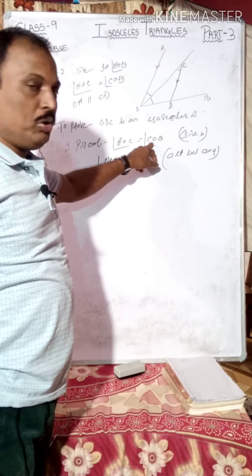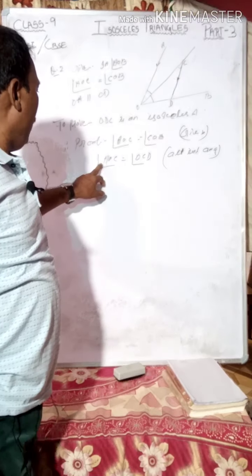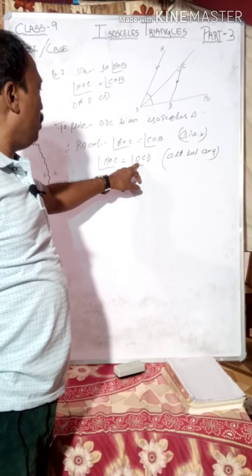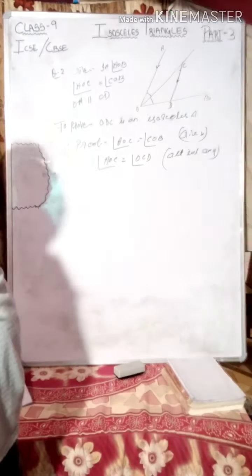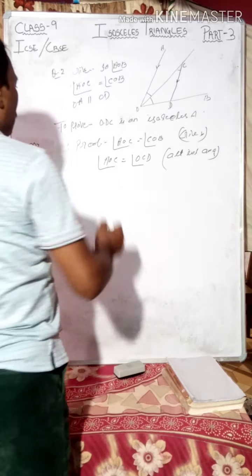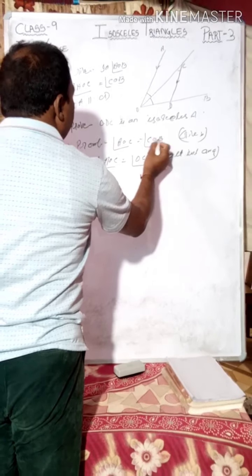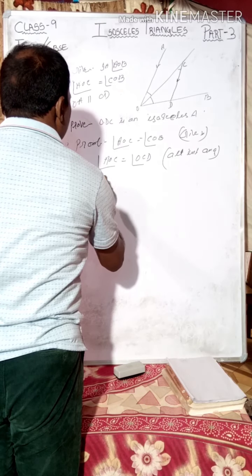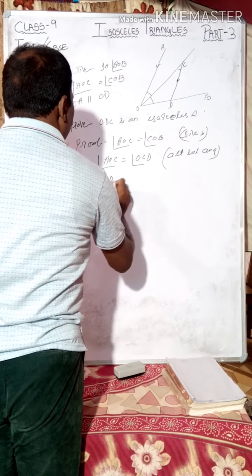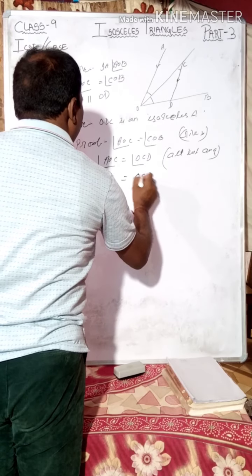OAC is equal to COB, AOC is equal to OCD, alternate interior angle. So COD is equal to OCD.